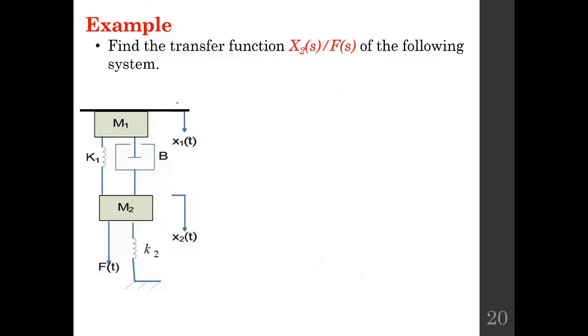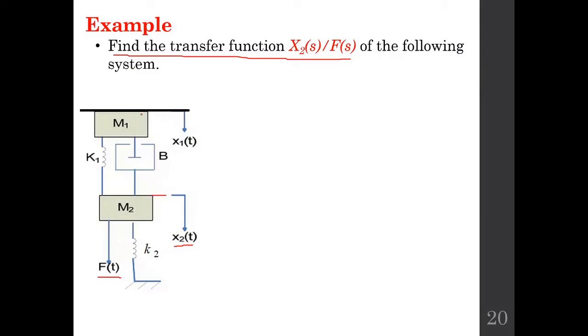Okay, so here we have another example. In this example, we need to find the transfer function X2 of s divided by F of s of this system. X2 of s is related to this displacement x2 of t, and F of s is related to this applied force f of t, which is in this direction. Here we have two displacement points: these two bodies m1 and m2 are connected between x1 of t, the first displacement point, and the second displacement point x2 of t, which is here.